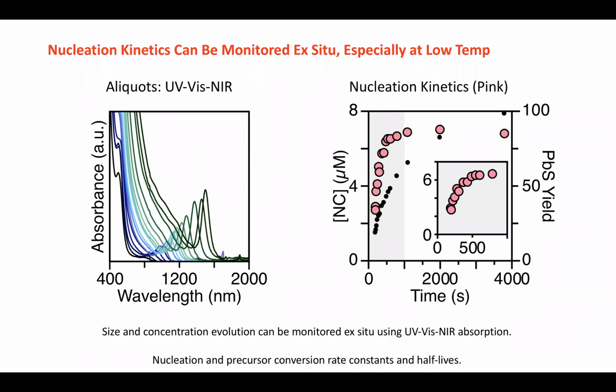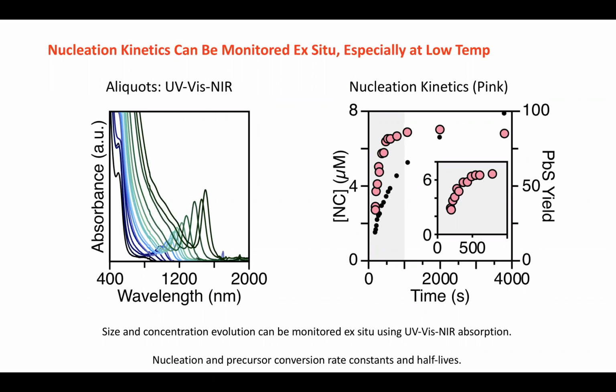You get these nice peaks, and the shift in the peak tells you the particle size is increasing. The absorbance of the solution is increasing. The increased absorbance means more of that sulfide, and you can take these peaks, their intensity, their width, and position in the spectrum, and extract the radius and the yield, and that will allow you to calculate the monomer concentration, which is shown here in pink.